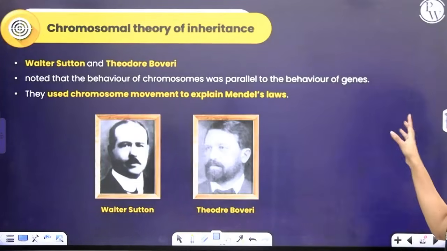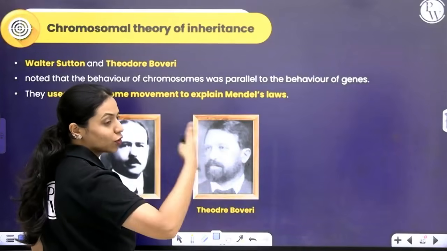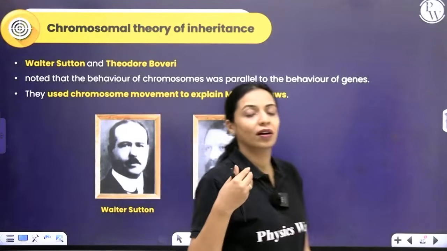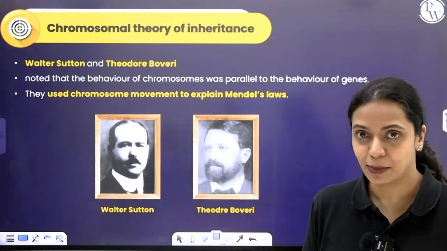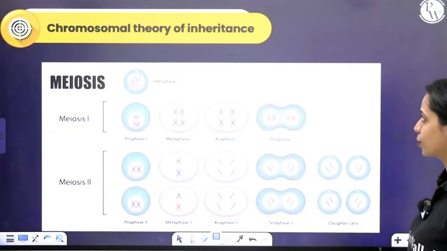They noted how the behavior of chromosomes during meiosis was very similar to how genes or factors behaved. Whatever Mendel said about factors was very, very similar. That is called the chromosomal theory of inheritance.